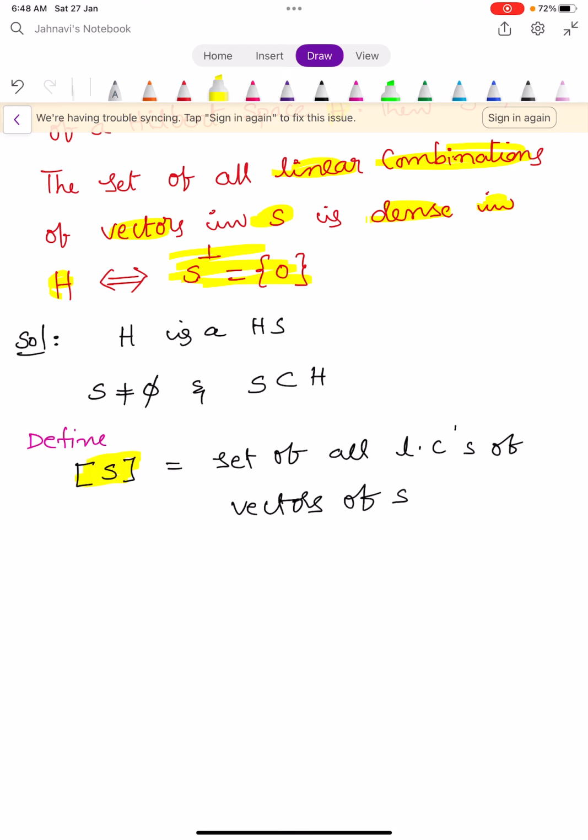Box S is equal to the set of all linear combinations of vectors of S.